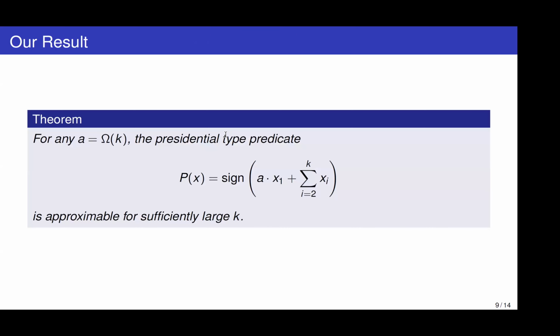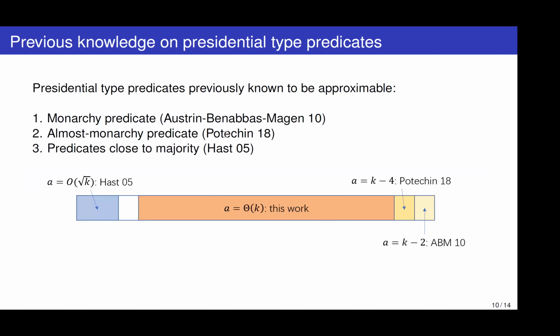So our result is the following. We showed that for the presidential type predicate, if the weight of the president is at least a constant times k, where k is the number of variables, then the predicate is approximable for sufficiently large k. Our result filled in a huge gap between what was previously known about presidential type predicates.